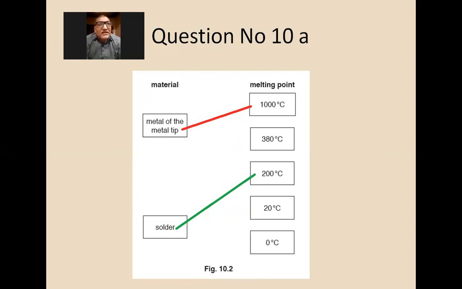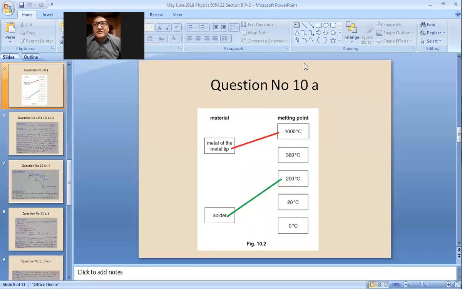So solder's melting point should be 200 degrees centigrade. It could not be 20 degrees centigrade. It could not be 0 degrees centigrade. It is 200 degrees centigrade. So I think you will be able to understand how this is done. And let's move to the next part.